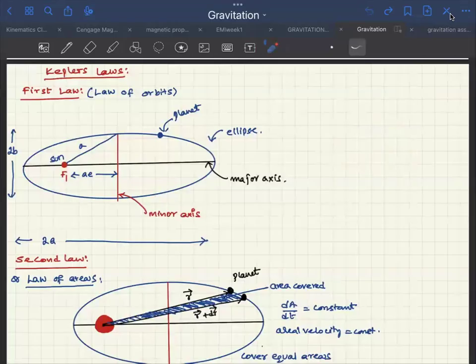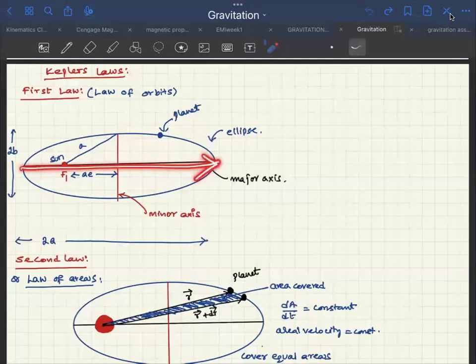So as per the first law, which is called the law of orbits, every planet revolves around the sun in an elliptical orbit with the sun at one of the focus points. Once you set the focus, you need to know some geometry related to this.